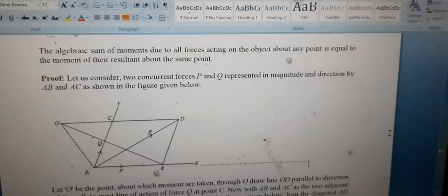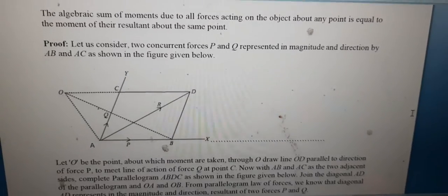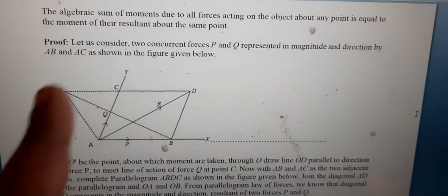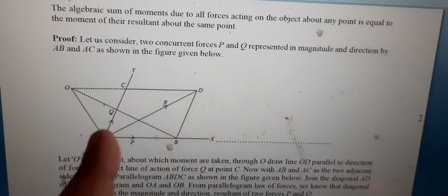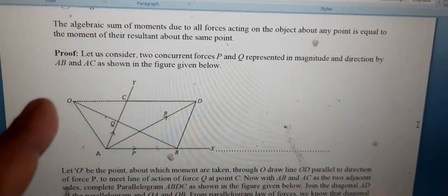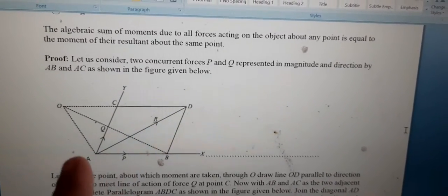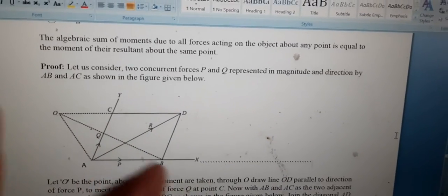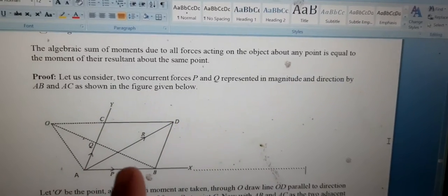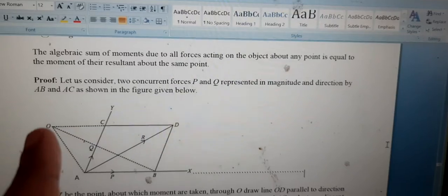From the graphical method, we know how we can find the moment. Moment is twice the area of the triangle whose base represents the force and whose vertex represents the point about which we are going to calculate the moment. So for force P, the triangle is AOB. Its base represents force P, and O represents the vertex about which we are going to calculate the moment.